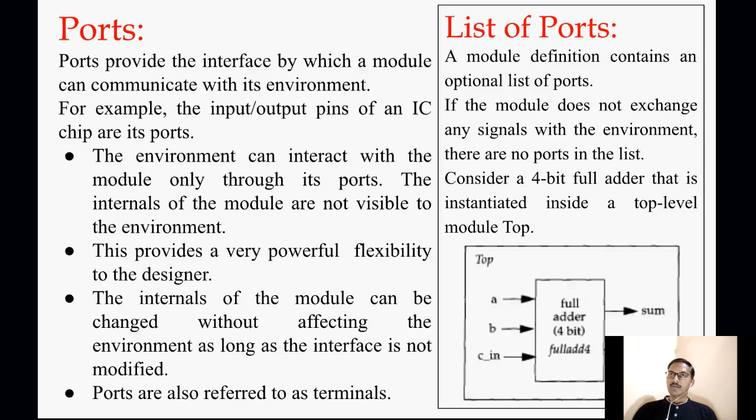Now let's see the port list. A module definition contains an optional list of ports. If the module does not exchange any signal with the environment, there is no port in the list. So consider a 4-bit adder that is instantiated inside a top level module top.